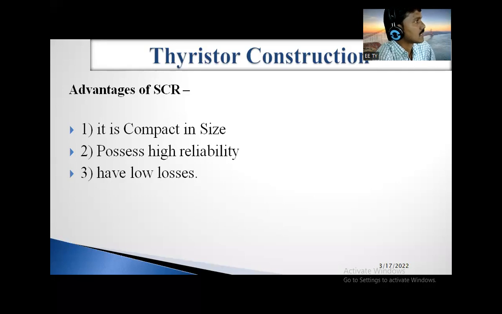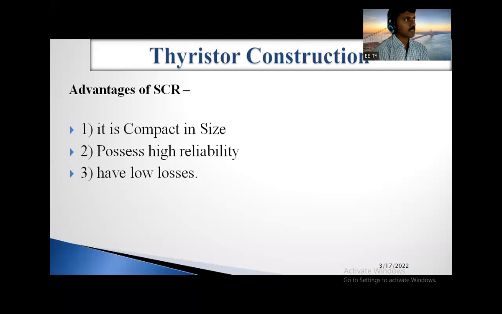Due to all these advantages we are going for the power electronic concept. In the same way, the thyristor is compact in size, has high reliability, low losses, and high efficiency. Losses decrease means efficiency increases. Clear? So these are the advantages of the silicon controlled rectifier.